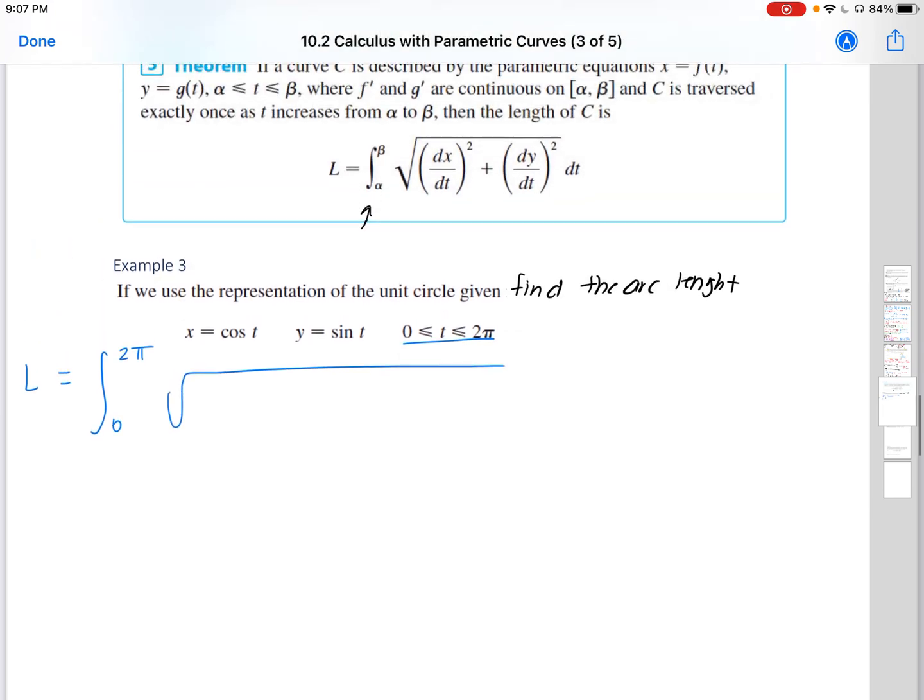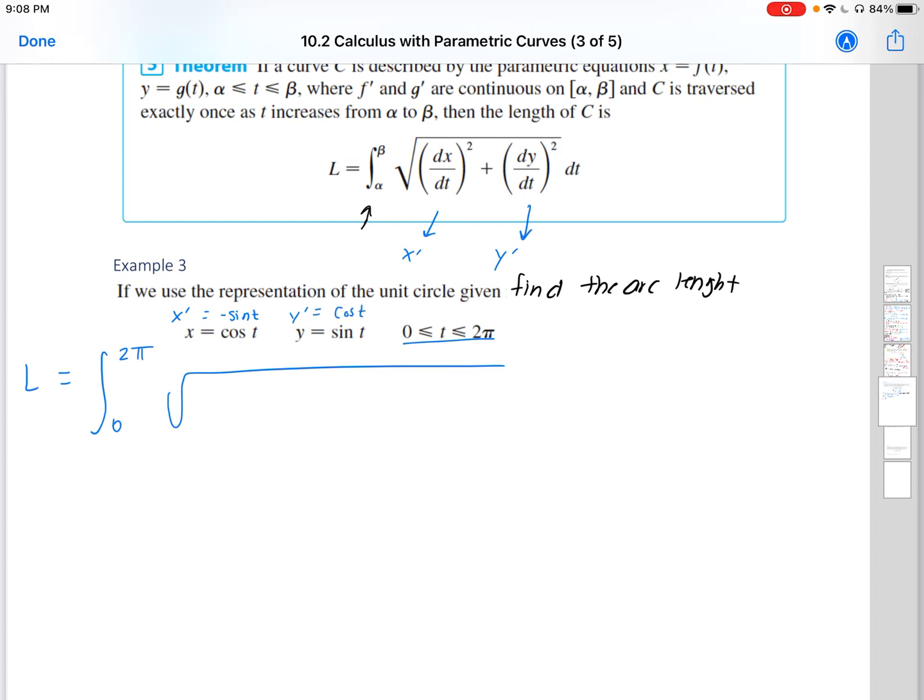Now our formula says our partial derivative of x, so our x prime, and our derivative for y in terms of t, so our y prime. Our x prime would be, the derivative of cosine is negative sine. Our y prime, the derivative of sine is cosine.